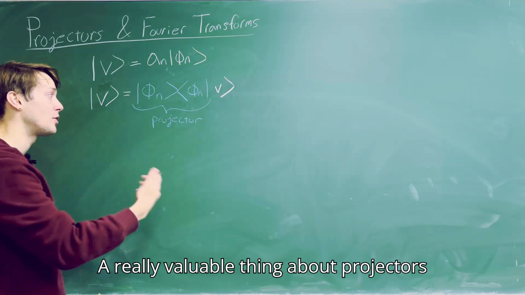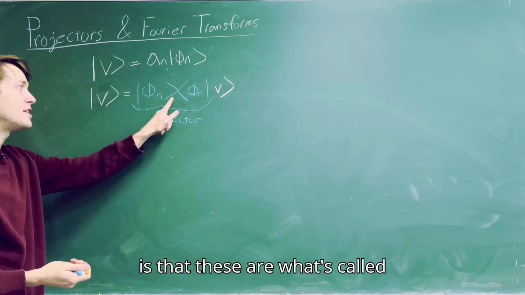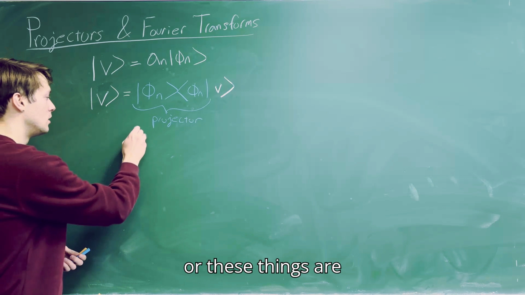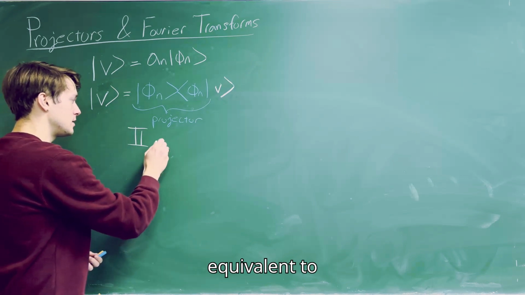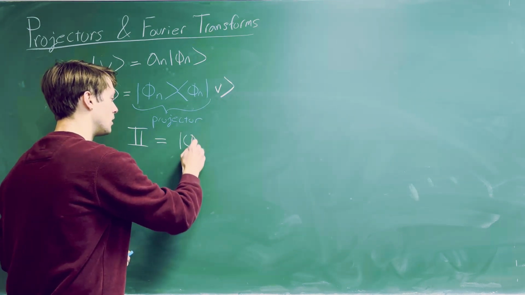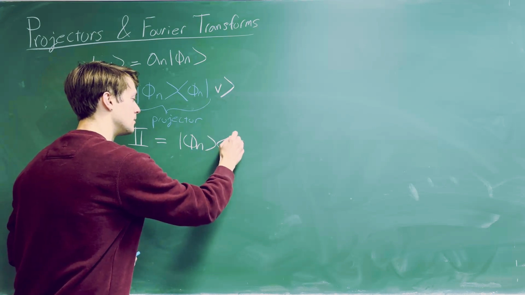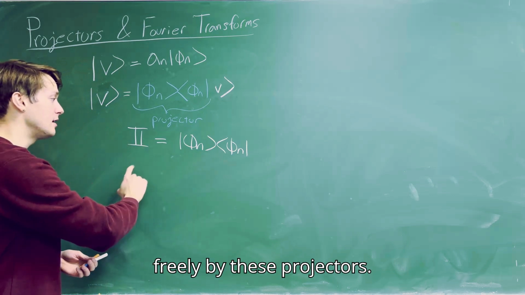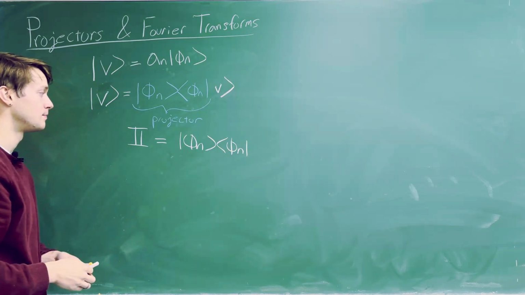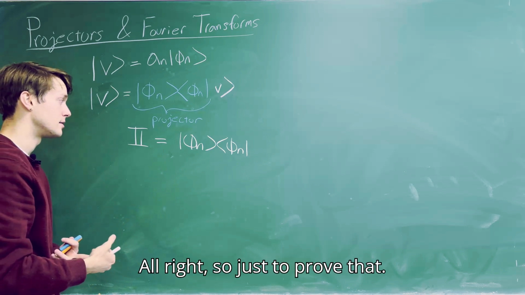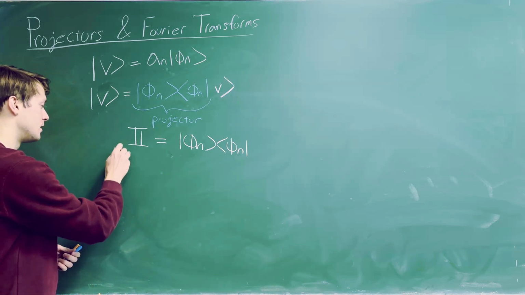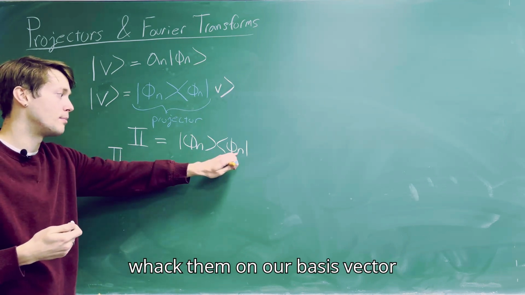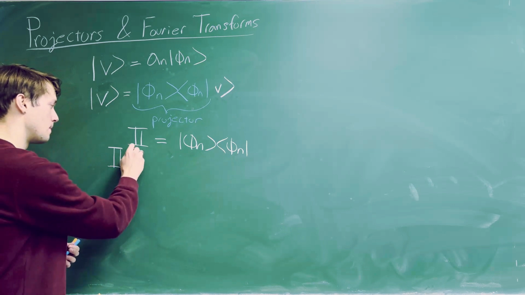A really valuable thing about projectors is that these are what's called resolutions of the identity, or these things are equivalent to our identity matrix. So we can always multiply freely by these projectors. All right, so just to prove that, let's take both of these sides and whack them on our basis vector phi n.